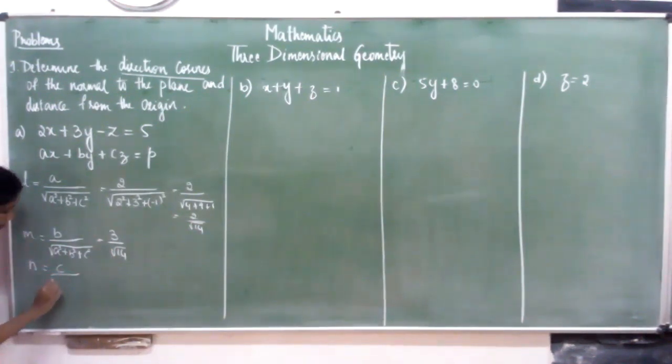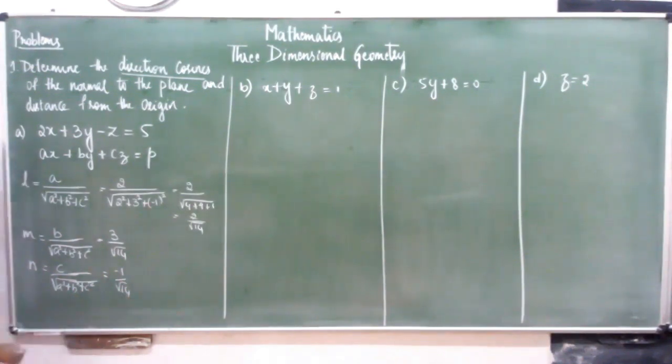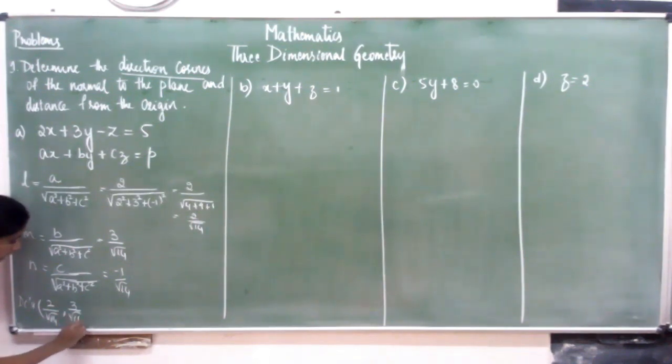N is nothing but C by root of A square plus B square plus C square, which is equal to minus 1 by root 14. So we got the direction cosines. Therefore the direction cosines are 2 by root 14, 3 by root 14 and minus 1 by root 14.